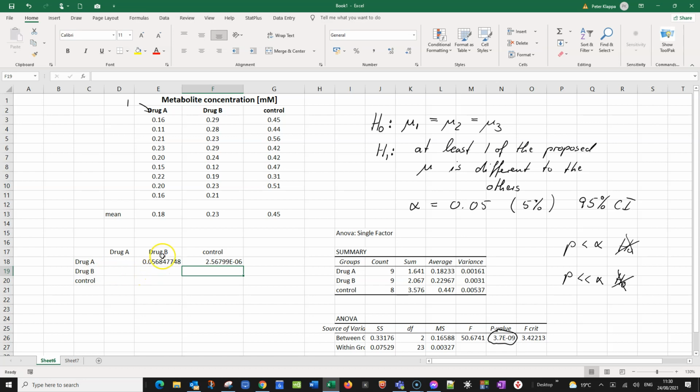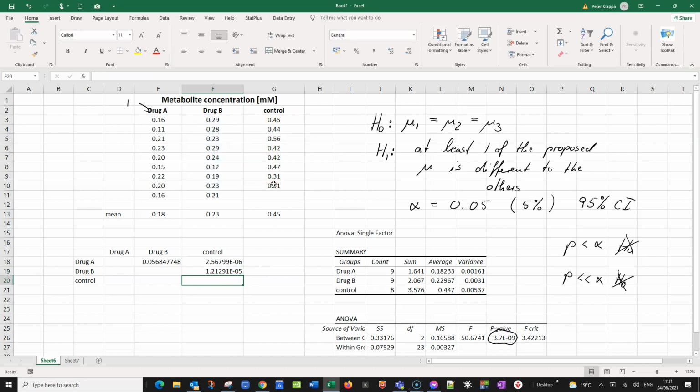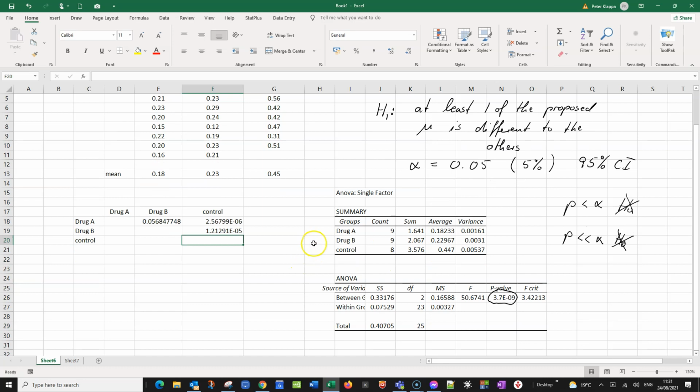We don't need to compare drug B with drug B because that would give us just 1. So all we need to do is drug B with control. Let's do that. Equals t-test again. And we need to compare drug B with control. And we do a two-tailed and unequal variances, and we get again a very low p-value.